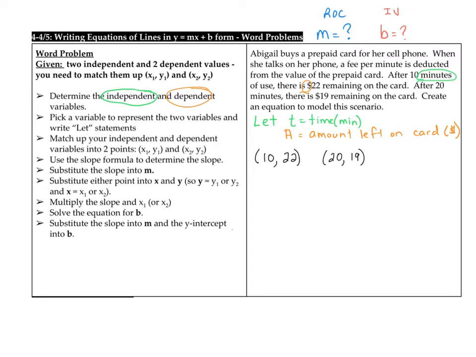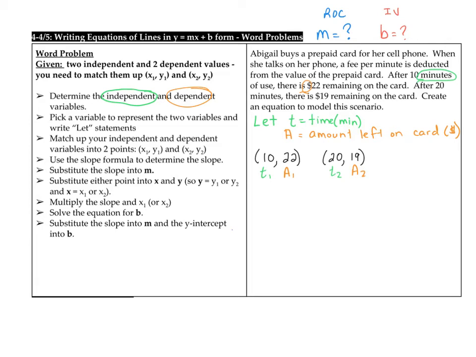So remember, you always want to put your independent variable first because that's like your X, and your dependent variable second because that's like your Y. So in this case, the 10 and the 20 are the values of the independent variable, which is traditionally the X, but we're using T, so that's T1 and T2. And the values of 22 and 19 are the dependent, which are traditionally the Y, but we're using them as A's, so that's A1 and A2.